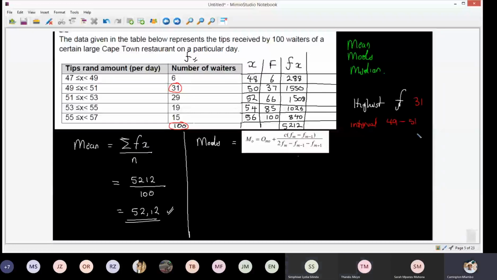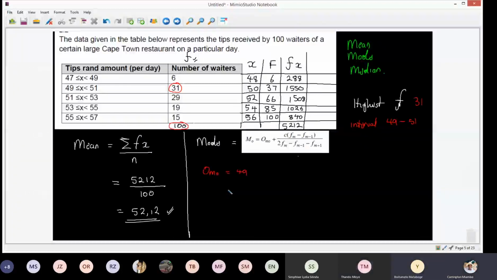So what is the lower limit between 49 and 51? Which number is lower between 49 and 51? It's 49. That's your lower limit. That's the meaning of the lower limit.